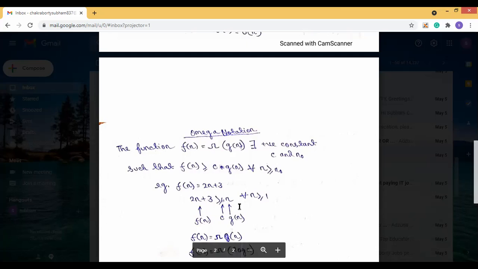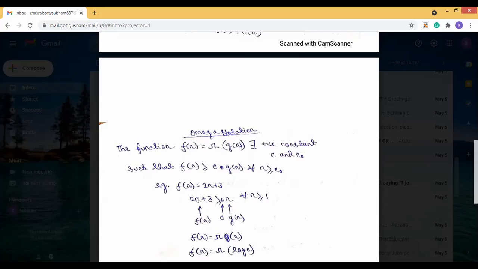Now, we have to check for all values of n greater than or equal to 1. If we put 1, then it will become 5, and 5 is greater than or equal to 1. So our value matches, because we have to choose such a value that f(n) becomes greater than or equal to c times g(n). That is the reason I chose g(n) as n.